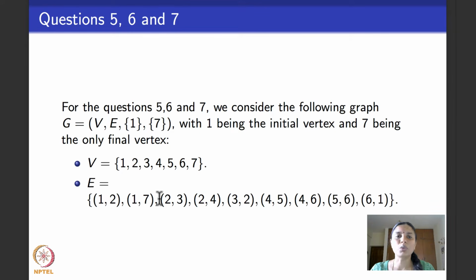And then you had 3 questions, 5, 6 and 7, which dealt with answering questions about coverage criteria on this graph. So before we go ahead and look at how to answer questions 5, 6 and 7, whenever I'm asked a question like this, the first wise thing to do is to draw the graph, to visualize the graph for yourself. What are the benefits of drawing the graph? One is that how the edges are placed, what the edges are, and how to look for paths in the graph becomes visual, and it becomes a little more clear than staring at this set repeatedly to figure out the notion of paths.